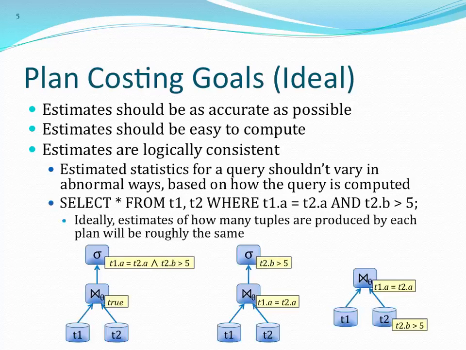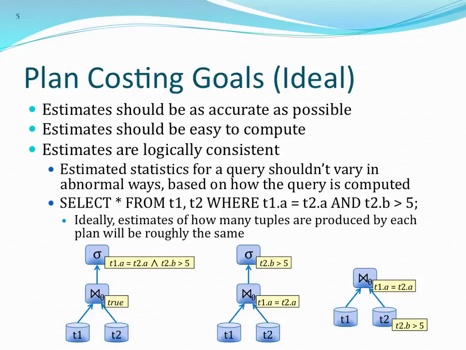So for example, we had these 3 versions of select star from T1, T2. It would be really neat if at the top plan node, our cost estimate had about the same number of rows for each one of these plans. Because they're all supposed to be equivalent, they should all produce the same number of rows. You could imagine that other places inside this plan, you might have very different number of disk blocks generated, very different number of rows generated.